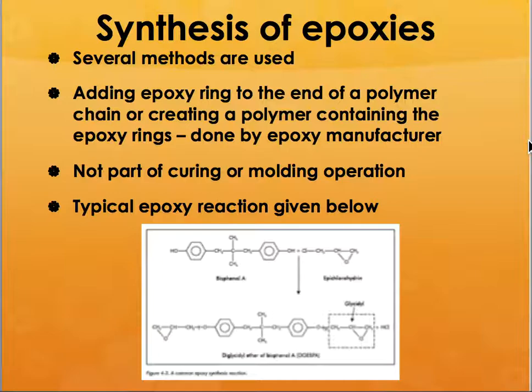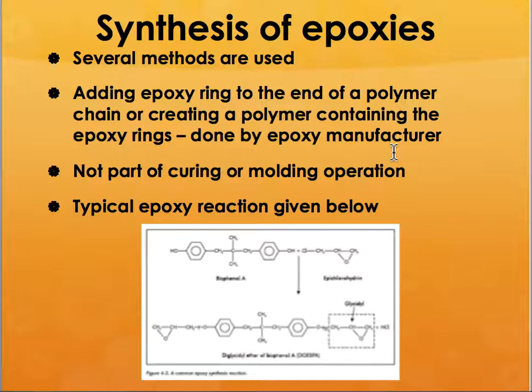Just to give you an example of how these epoxies are formulated, several methods are used. You are adding an epoxy ring to the end of a polymer chain or creating a polymer containing the epoxy rings, and it is done by the epoxy manufacturer. Depending upon the kind of polymer that they select, there are different kinds of resin systems.